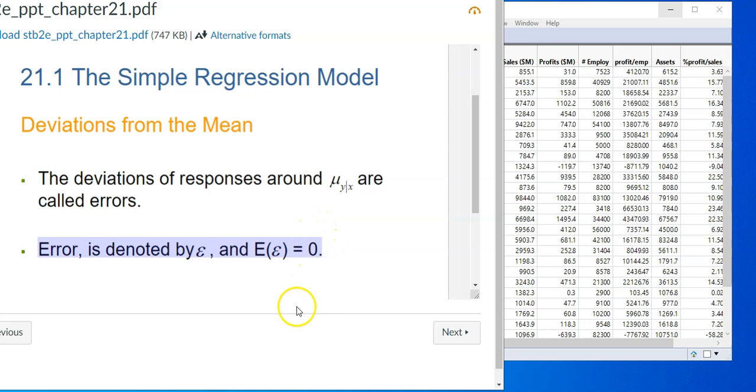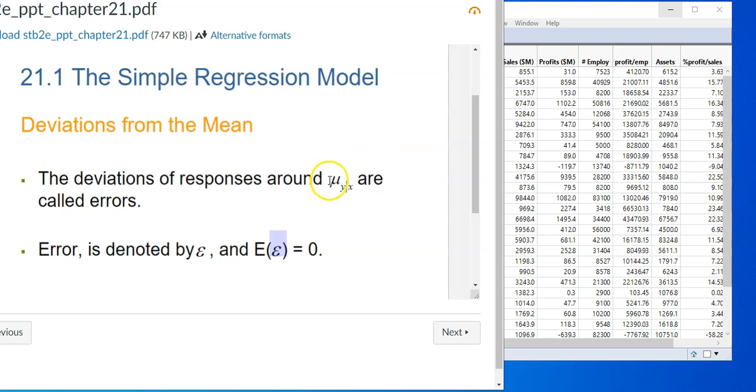Those below the line are negative. The average of them, or expected value in probability, is actually the average. So on average, these epsilons or these errors are going to cancel each other, and on average they're going to be 0. This is not exactly 0, it's going to be close to 0. So on average your error has to be 0.